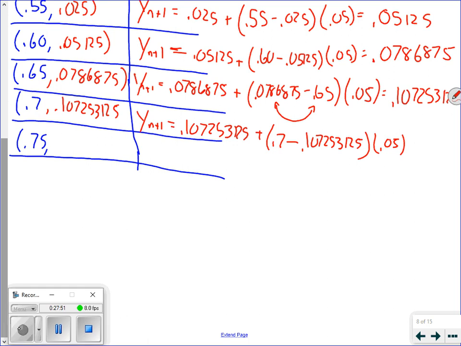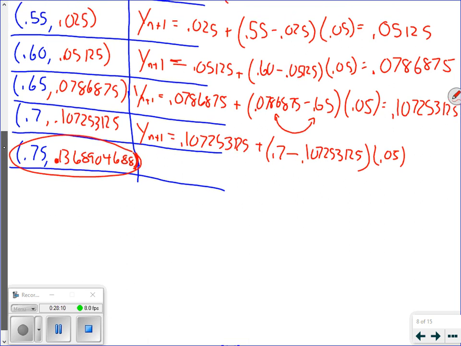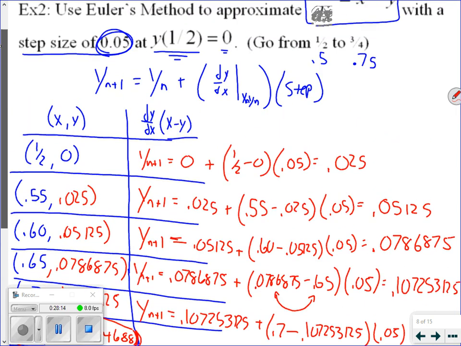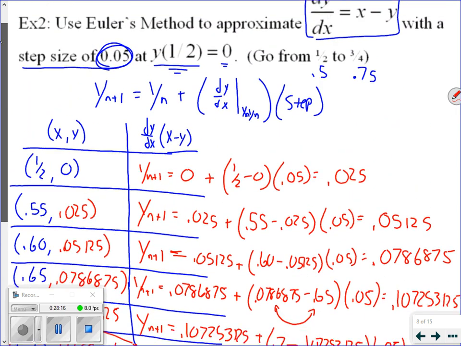Final answer I got was 0.136890468. And if it's your final answer, you can round. If it says 3 decimal places, round, but I wouldn't round until the very end. Okay? So there's your approximation of the 0.75's y value, given that we have a step of 0.05 starting at (1/2, 0).